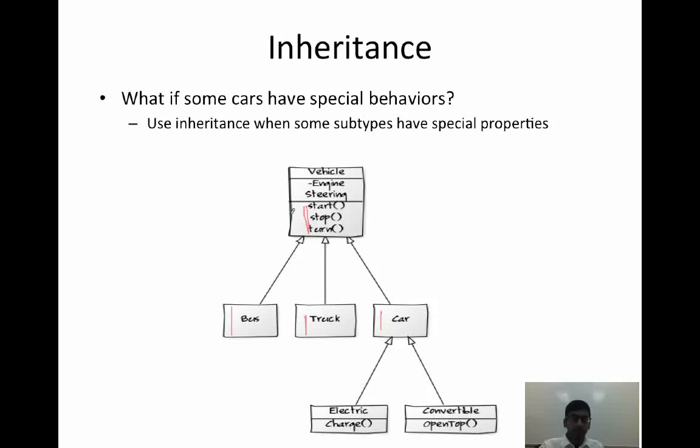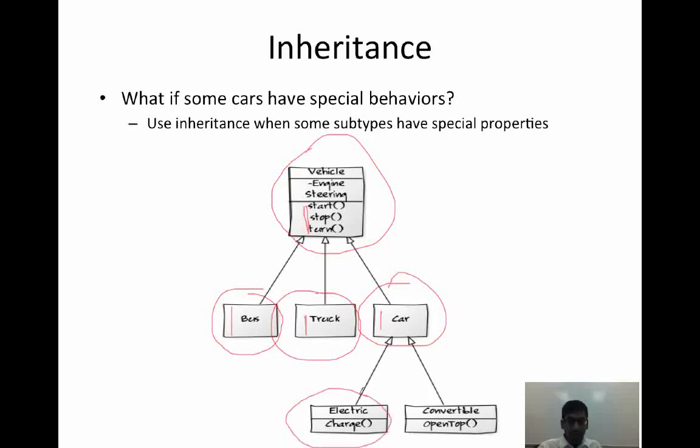So I take my class vehicle, and I use inheritance to define each of these subtypes of vehicle. All of them are vehicles, but each of them can redefine some of these properties. And then again, you could have subtypes of these subtypes.